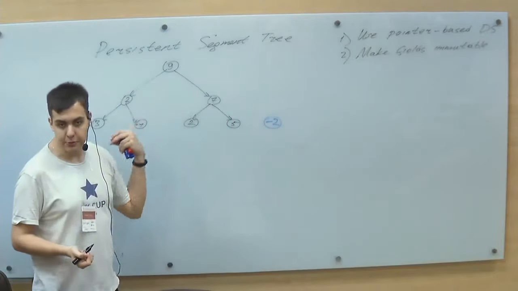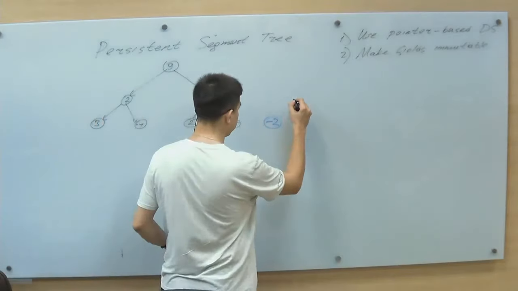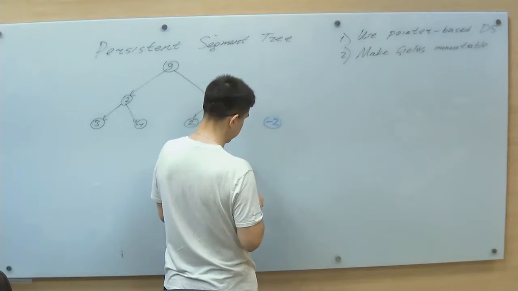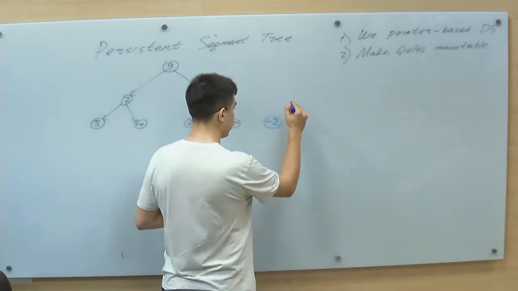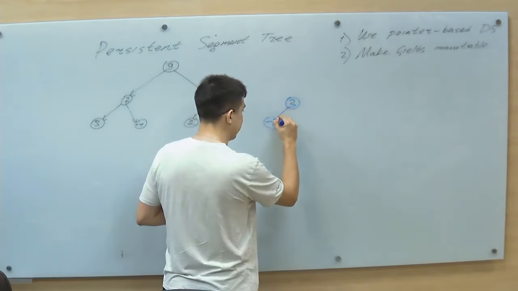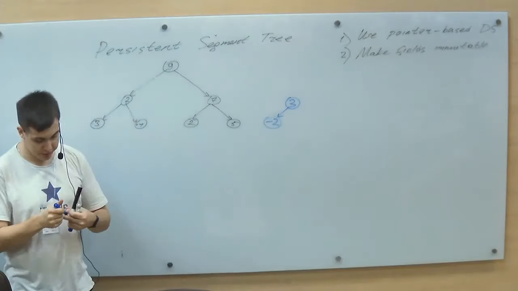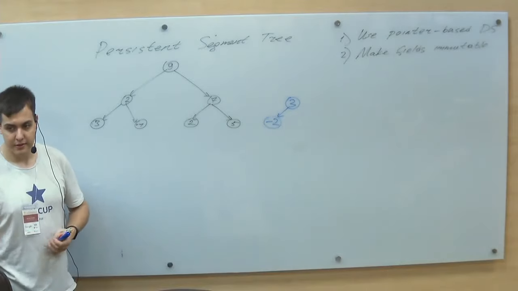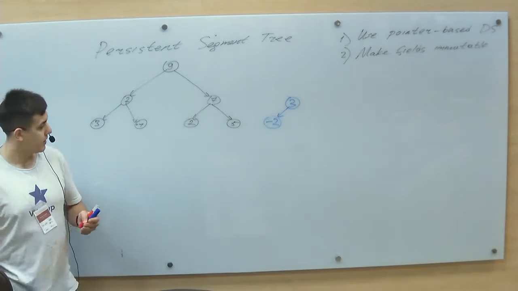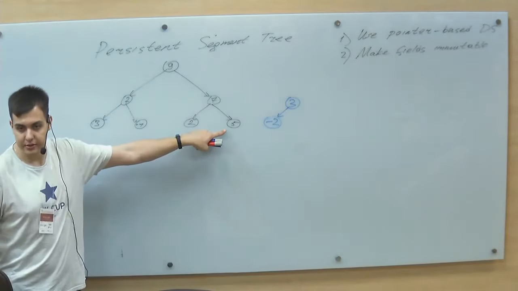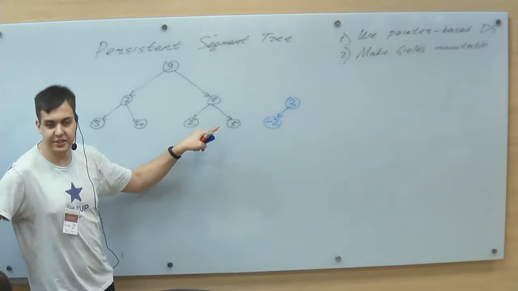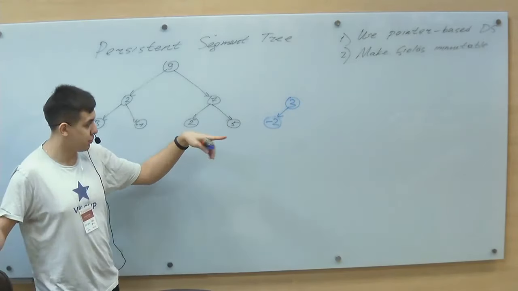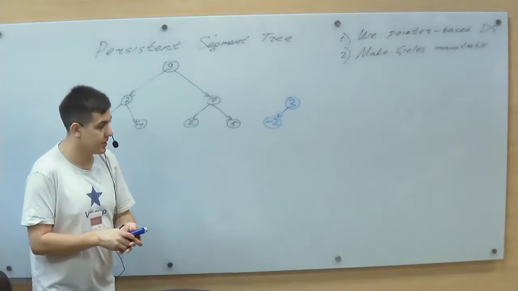The value for that node will be 3. Its left child will be this new node. And what is the right child? The same node here, right? This node didn't change, so we can just put the old link to this node.